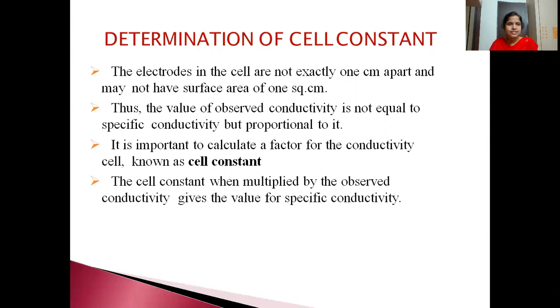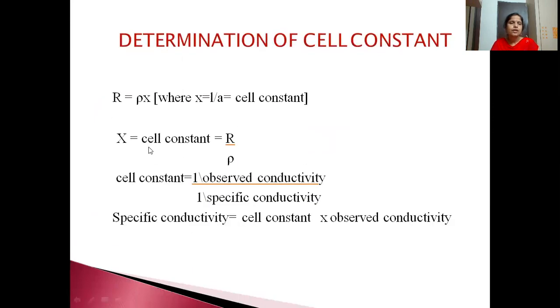A cell constant when multiplied by the observed conductivity gives the value of the specific conductivity. How to do that: we already know that resistance R is equal to rho into L by A. In that, we take L by A as a constant, length of the wire by area of cross section of the wire.